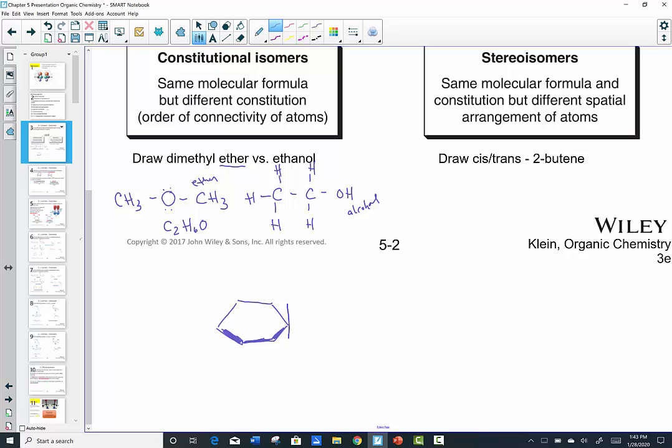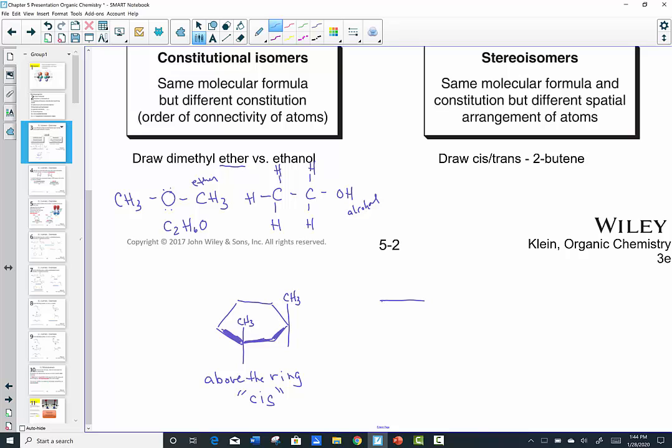Notice that I could place, let's say for example, a methyl group on the top part of the molecule and a second methyl group on that particular carbon, but both are above the ring. And in terms of the plane of the ring, if they're on the same side, we call that a cis configuration, same side.